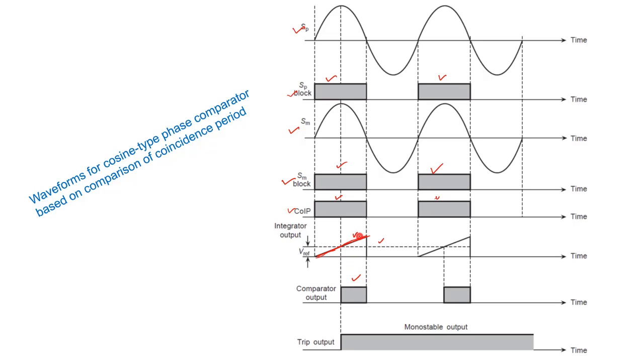Okay. So, how will it become less when your phase difference is greater than 90 degree? When phase difference is greater than 90 degree, your coincidence period is less than 5 millisecond.